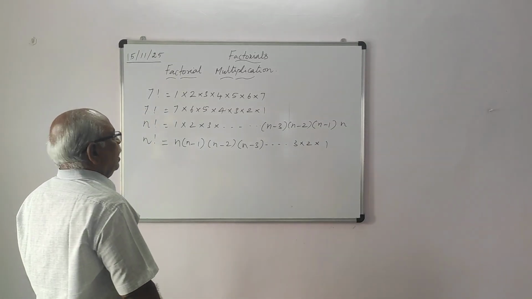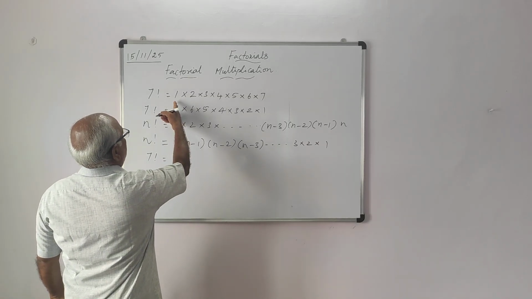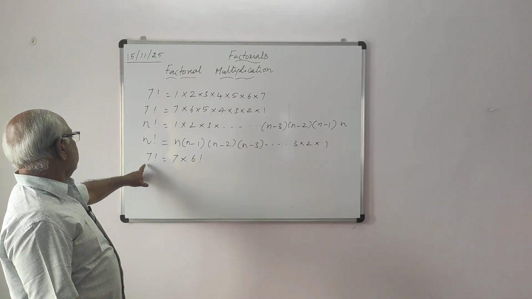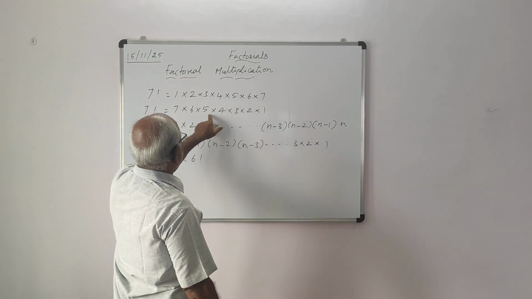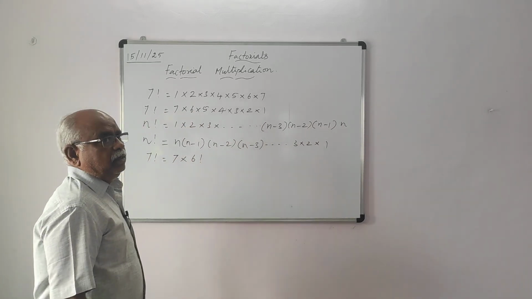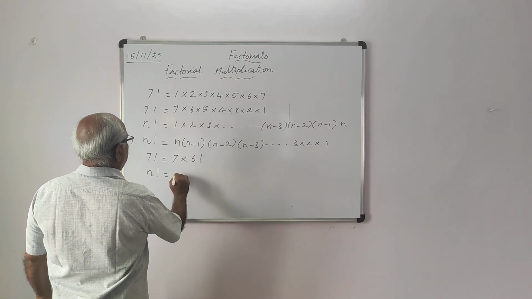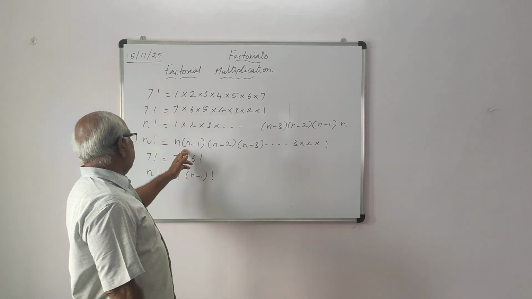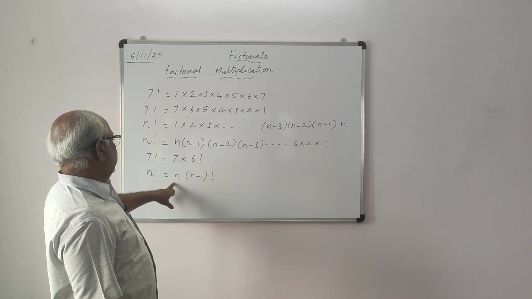Now, 7 factorial, I already told you, you can write as 7 into 6 factorial, because 7 into the remaining 6 into 5 into 4 into 3 can be expressed as 6 factorial. So like that, n factorial is also n into n minus 1 factorial. The remaining n minus 1 down to 1 is n minus 1 factorial, times the final n.